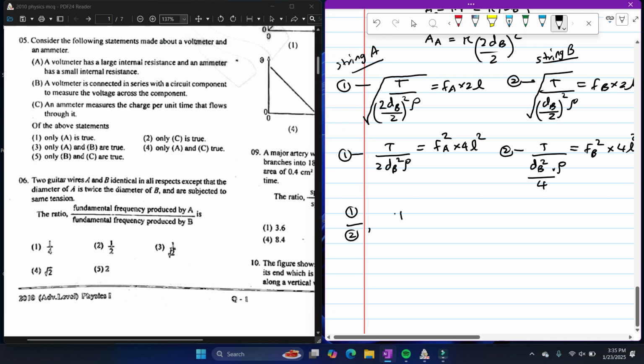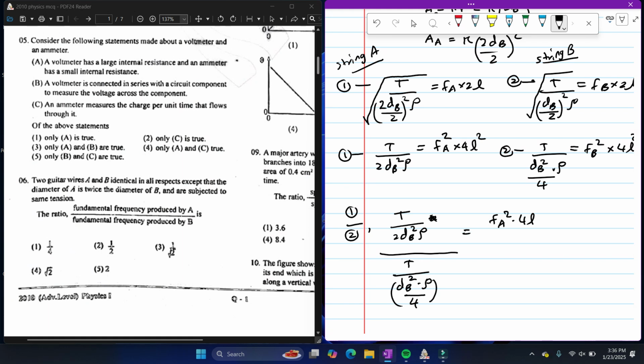Here T divided by 2 dB squared rho, divided by T divided by dB squared into rho divided by 4, equals FA squared into 4L squared divided by FB squared into 4L squared.